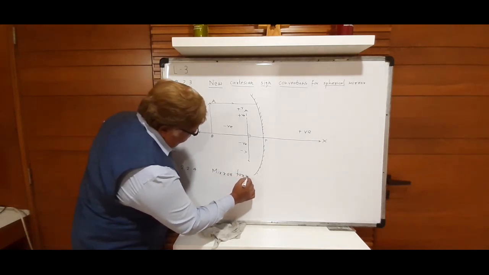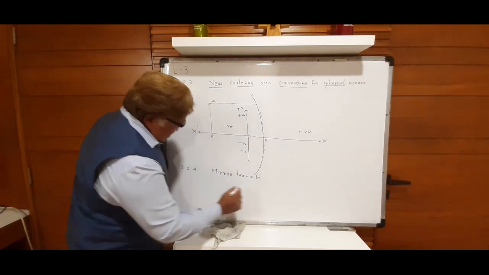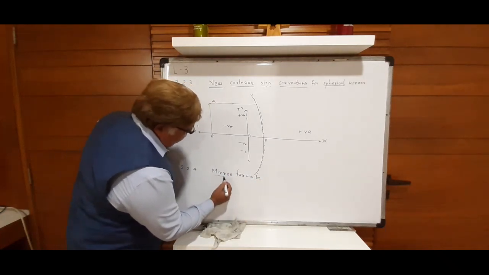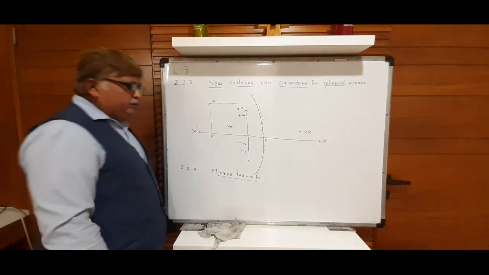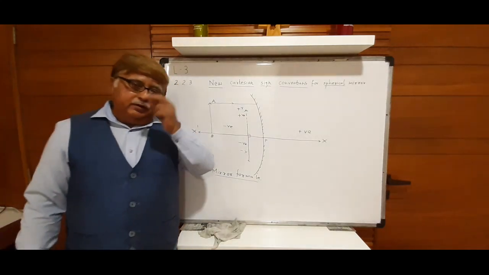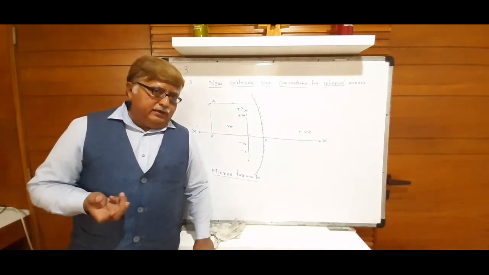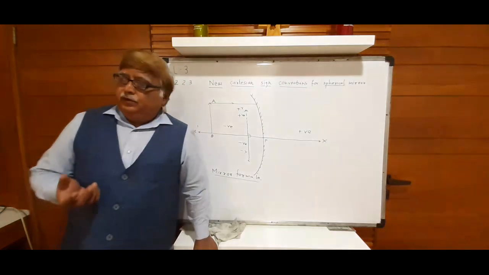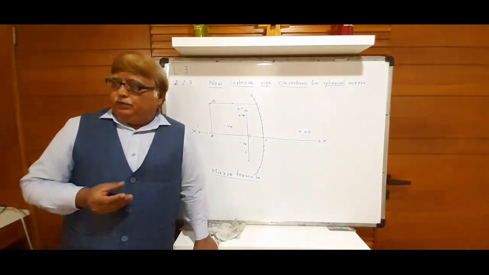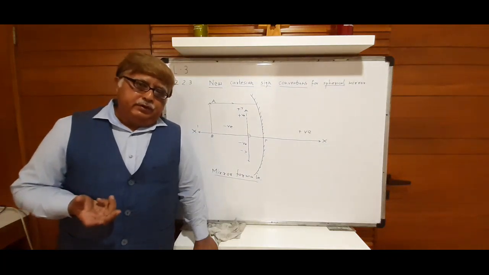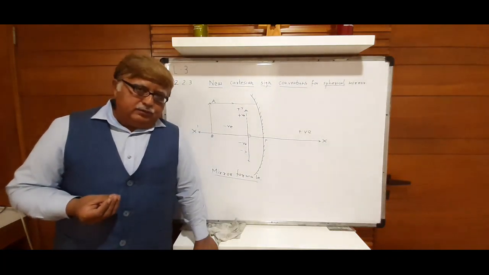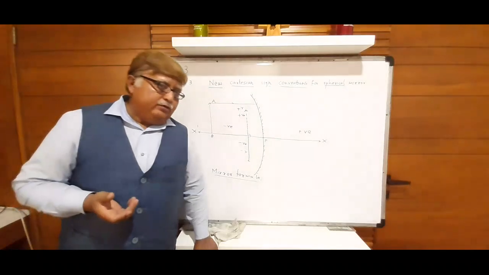In the old course mirror formula was to be derived, but in the new course we do not have to derive mirror formula. In the new course we just have to accept the formula, understand, without derivation.